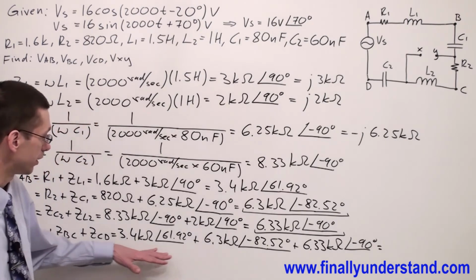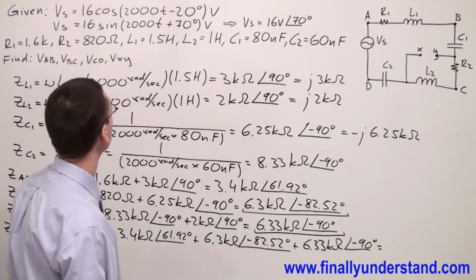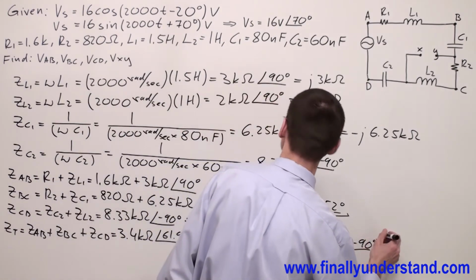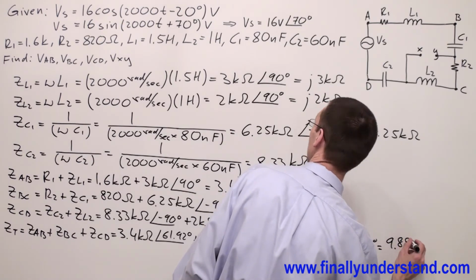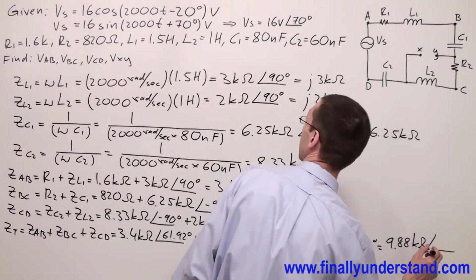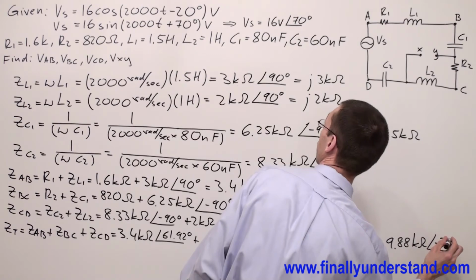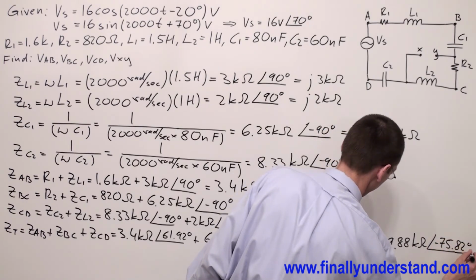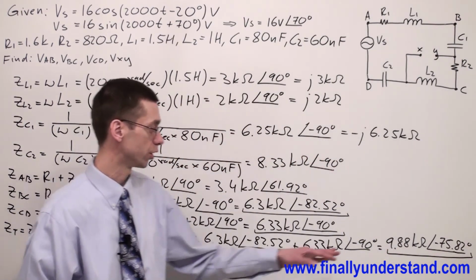Now, plug in these values into the calculator. You're supposed to get approximately 9.88 kilo ohms and angle of negative 75.82 degrees. This is my Z total.